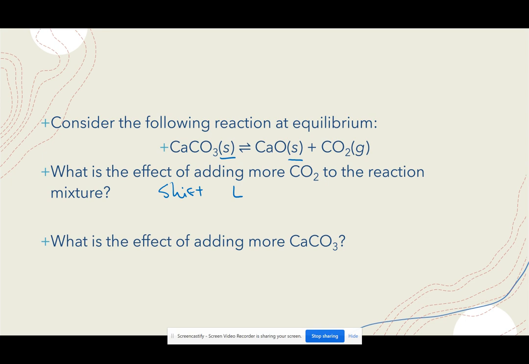Because the concentrations of solids cannot change, they are effectively one. When I add more solid, there is no change to the equilibrium because there was already solid in there. So adding more solid doesn't make it react more. If it was going to react more, it would react with the solid that was already in there.